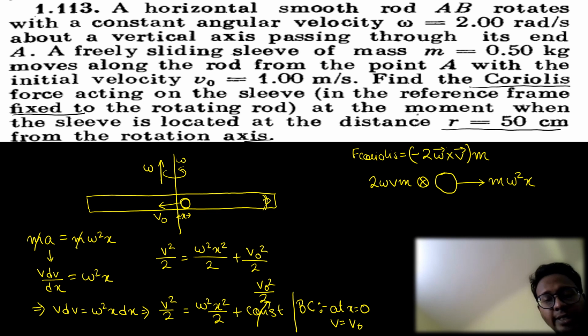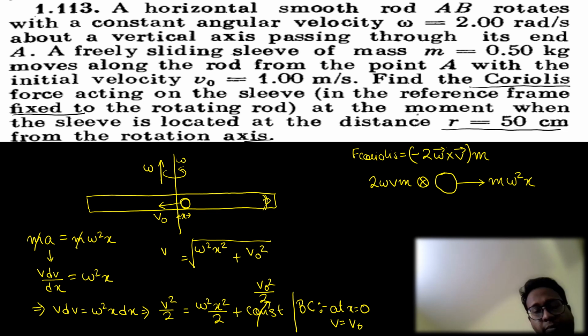So if I cancel out the 2, v is equal to under root of omega square x square, if I square root both sides. Let me write this a little bit neatly.